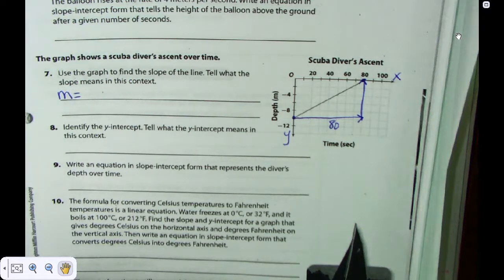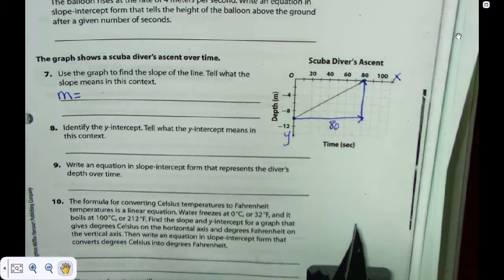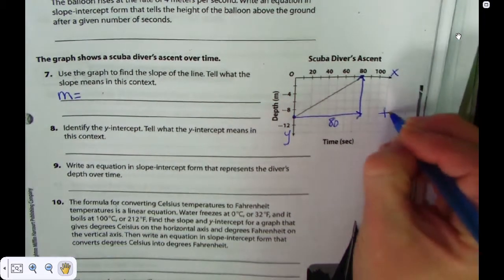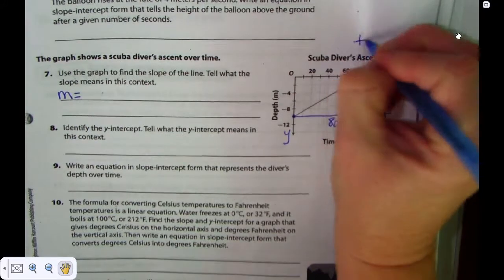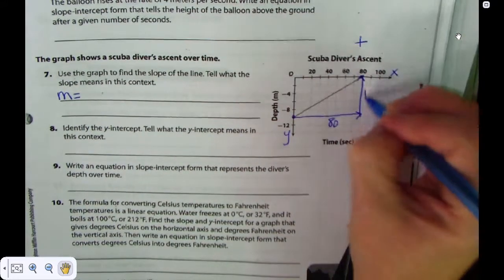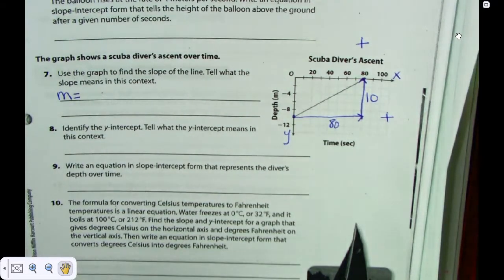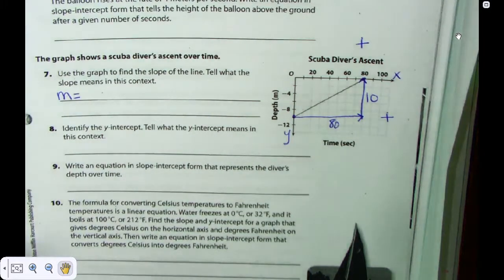It can't go up negative 10. It can go up 10, but it can't go up negative 10. Guys, if it's going up, it's positive. If you go to the right, it's positive. If you go up, it's positive. So what's it going up? 10. Guys, that should not have even been a discussion. Everybody should have said 10.